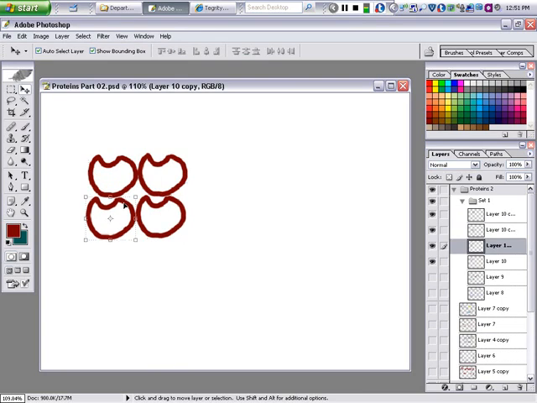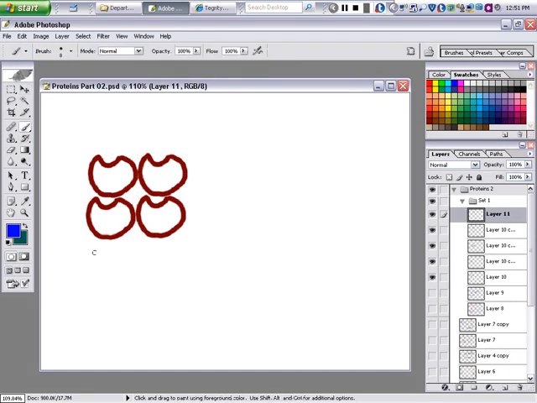And now you have 4 folded proteins together. Did everyone follow me on that? Because I did do a lot. Okay. And so here we have 4 folded polypeptides.